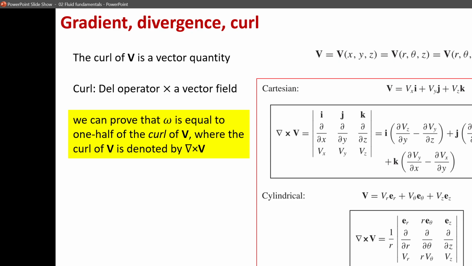We did talk about the divergence of a vector. When you take the cross product of the del operator with a vector field, you are taking the curl of that vector. And how do we take the curl? I'm not going to write it on the board, but essentially you just have to take the determinant of this matrix. All the equations are listed here.